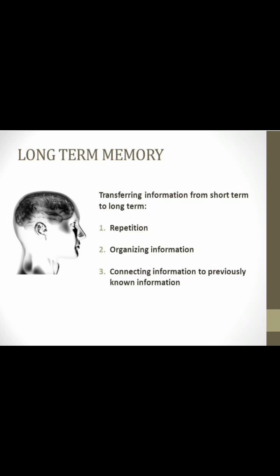To transfer information from short-term memory to long-term memory: repetition, organizing information, and connecting information to previously known information. These are some of the processes done in memory. Then this information is permanently stored in long-term memory.